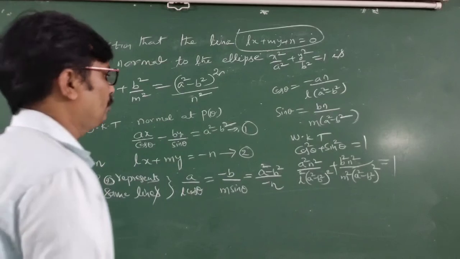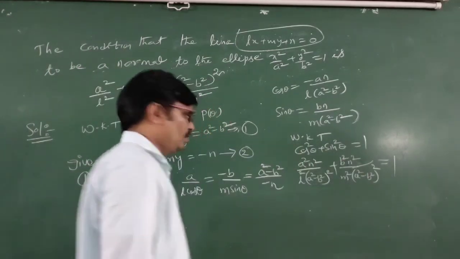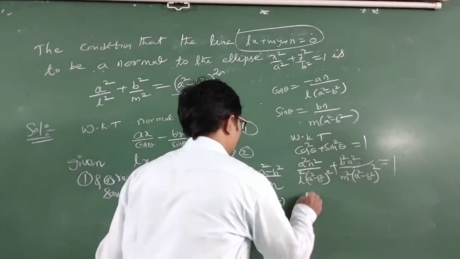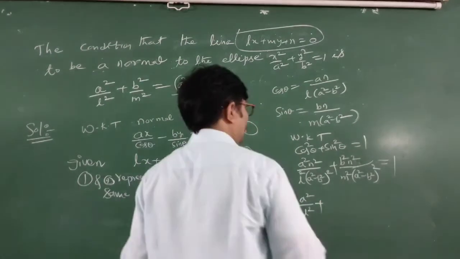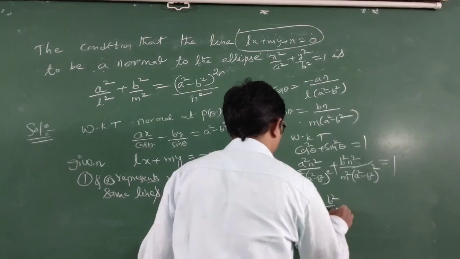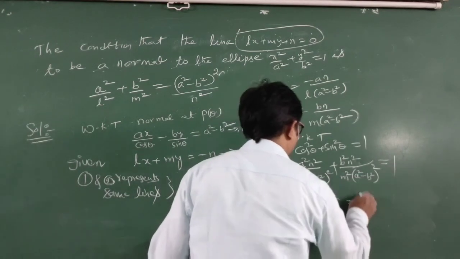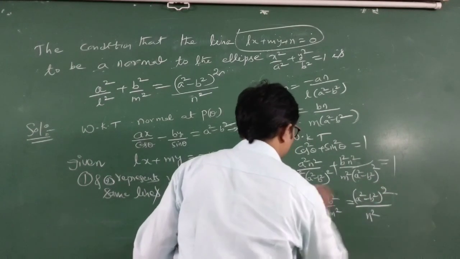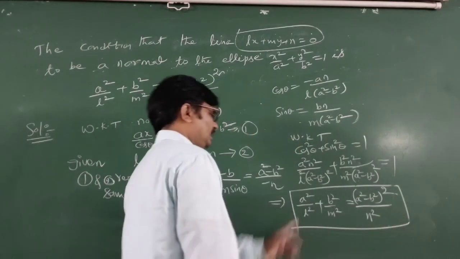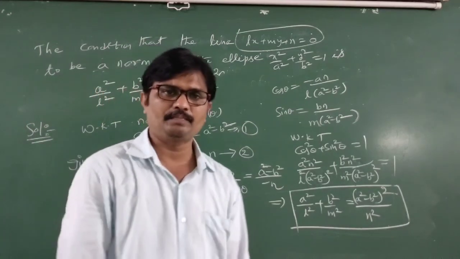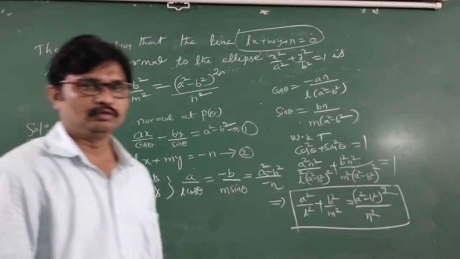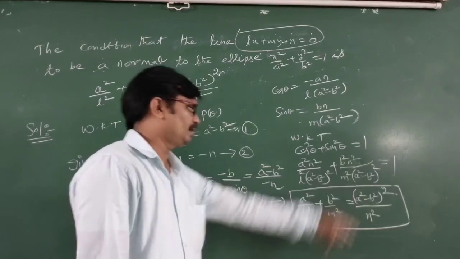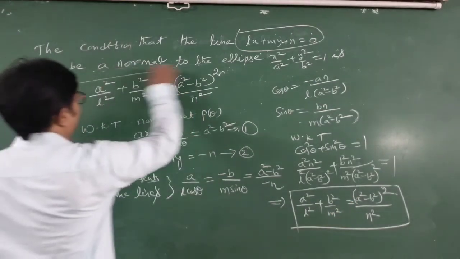The common factor in the numerator is n² and in the denominator (a² minus b²)². So a² by l² plus b² by m² equals (a² minus b²)² by n². This is the condition for the line lx plus my plus n equal to 0 to be a normal to the ellipse.